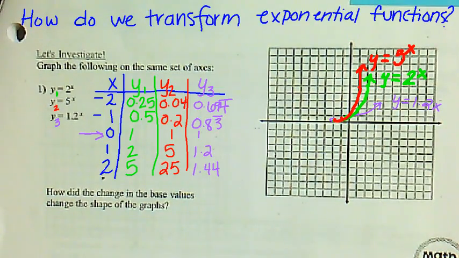Then if you look at the green graph, that was 2 raised to the x power. That one is a little bit steeper than the purple one. And then 5 raised to the x power, that is actually the steepest one. So what you should notice is, as the b value gets larger, my graph will get steeper.